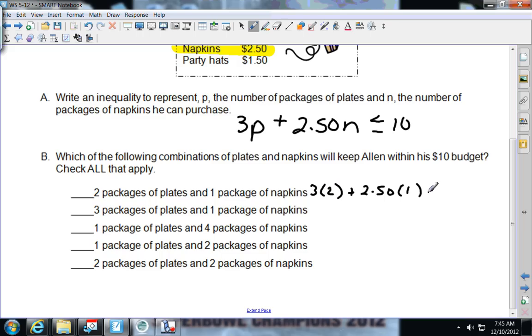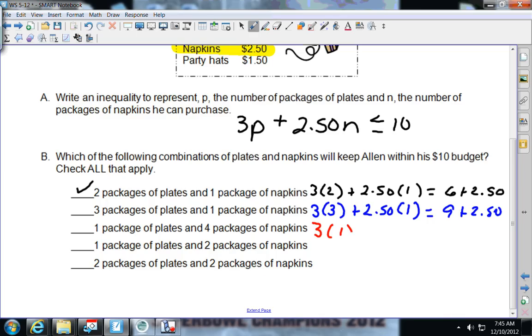Well, 3 times 2 is 6. 6 plus $2.50 is $8.50. That one works. The next one, 3 times 3 packages plus $2.50 times 1 package. That's 9 plus $2.50, that's $11.50. That's too much.